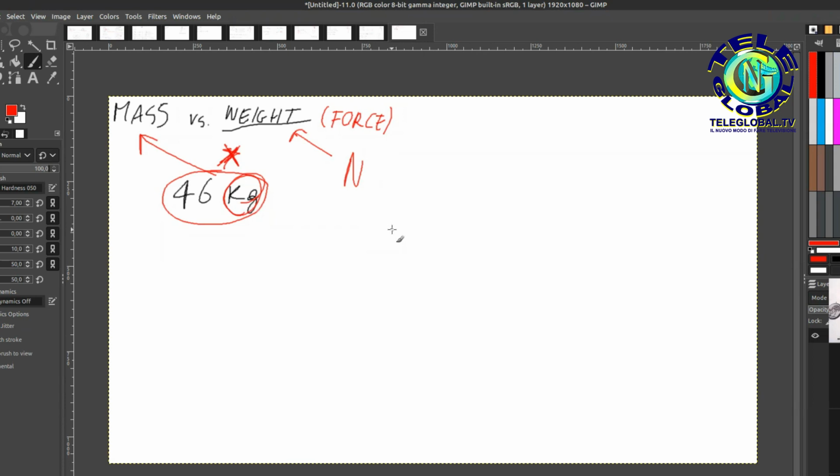There is another simple relation between mass and weight, and it is that the weight is equal to mass multiplied by g. So g is a constant that you will come to know very well. It's called the gravity constant.